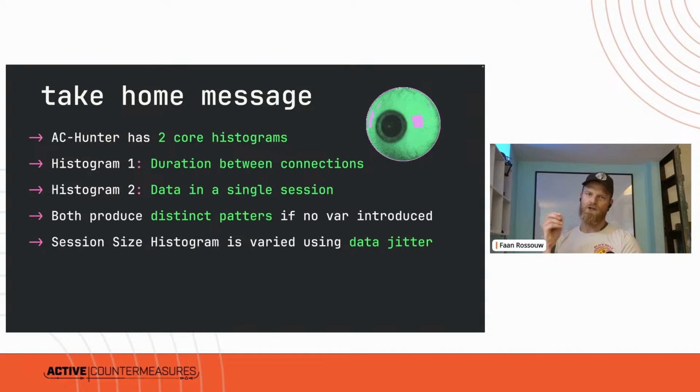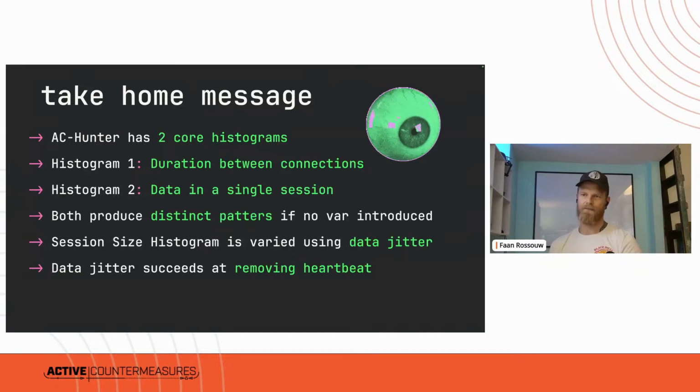And specifically for the session size, there is now this technique that attackers can use called data jitter or payload jitter or padding, to add random junk data to create some variation. So data jitter succeeds somewhat at removing the heartbeat. I showed you guys with Merlin. It didn't really with my framework. It does, but it produces not a heartbeat, but something else.